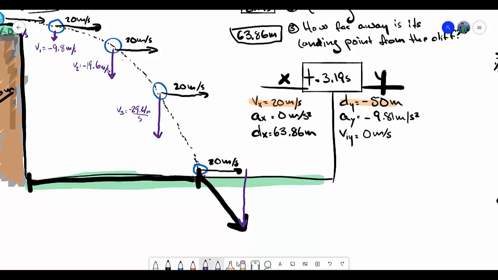And also, first we need to figure out the final velocity along the y-axis. And then we could figure out the actual final velocity, the resultant final velocity.